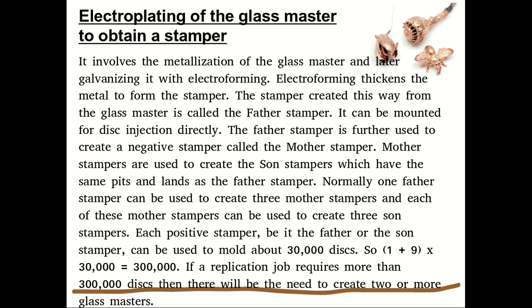So what is needed is to do the metallization of that glass master by a process what we called it as the electroforming. Electroforming is nothing but making a layer of metal, and thus thickening that particular substance.